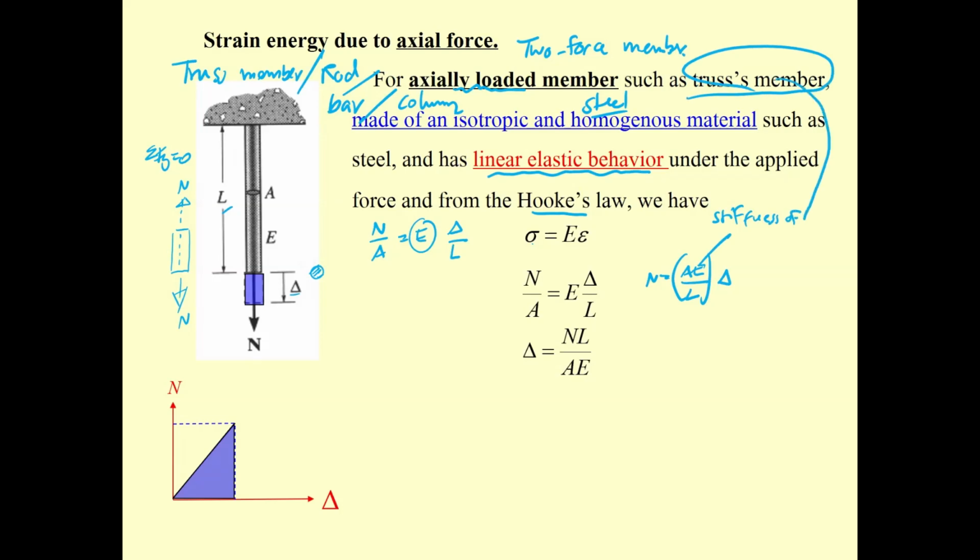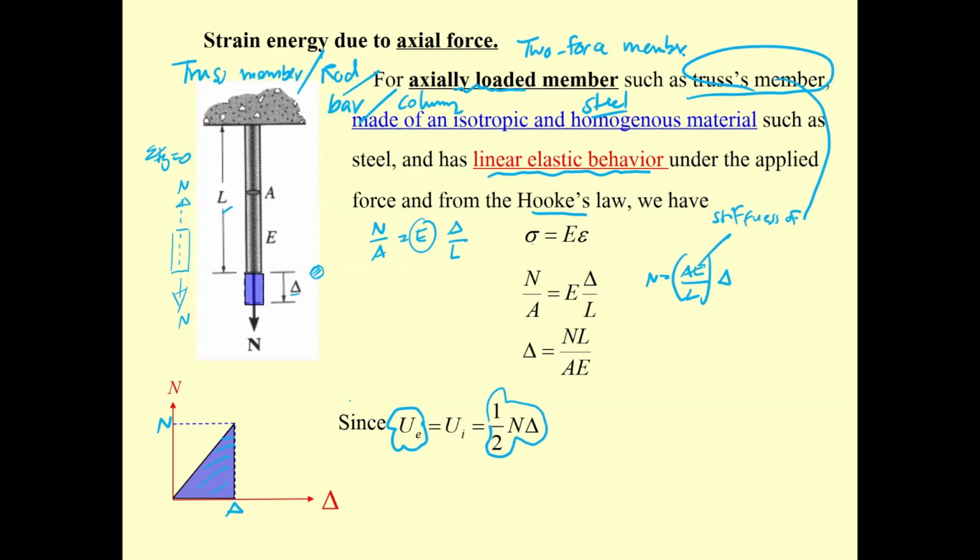Now, going back to what we discussed, the external potential energy is going to be the area under the graph, where this one is N and this one is delta. This is the external potential energy.